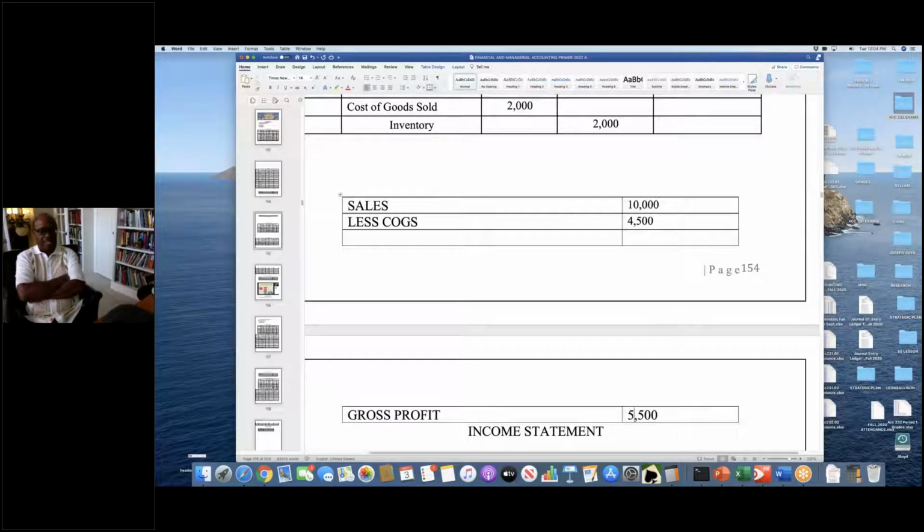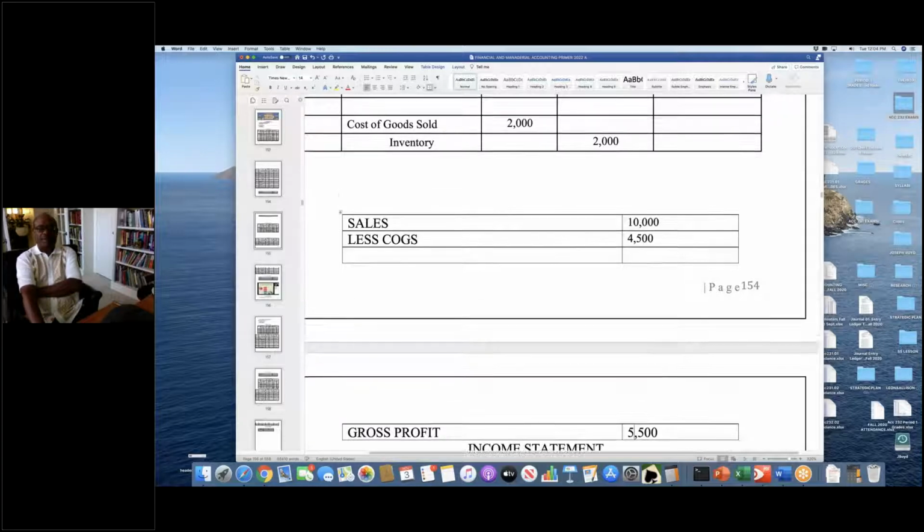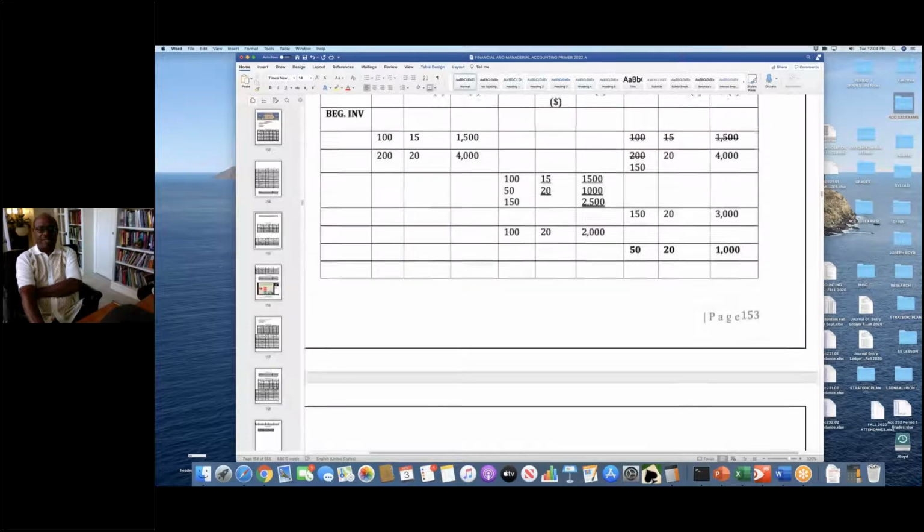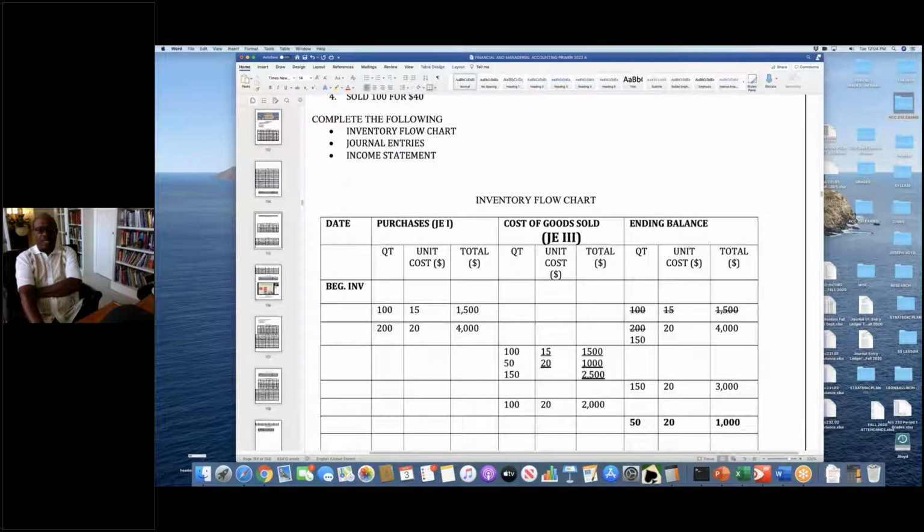All right, thank you. What would you do if you had a beginning inventory? How would you take that away from the purchases that you make while you already have that inventory sitting there? If we had beginning inventory, it would have been on that line and nothing would have been on this line.